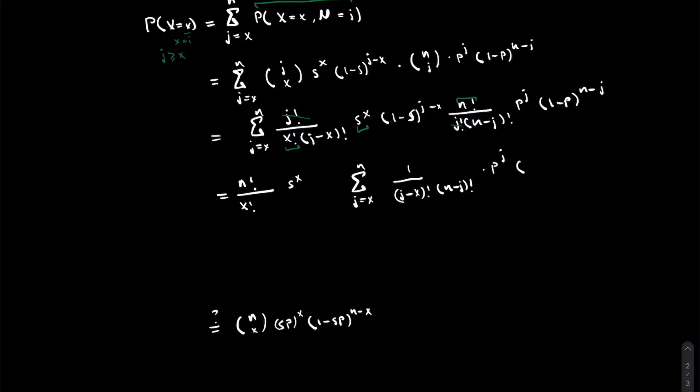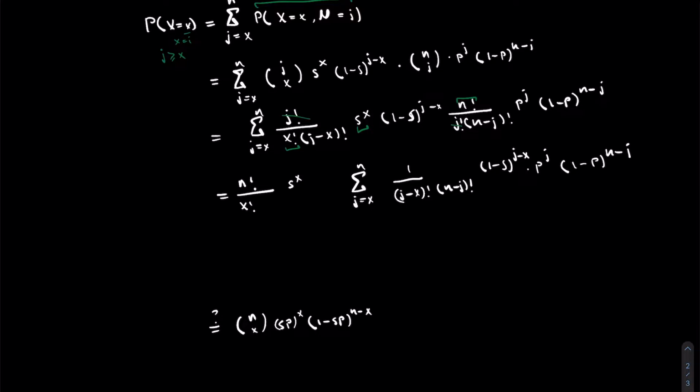We have the 1 minus p to the n minus j. Okay, I don't think I've missed any. Well, we have the 1 minus s term here as well. Let's write it here. Actually, just to keep things in order, I'm going to put it to the left here: 1 minus s to the j minus x, like so. Okay, we have those three terms.